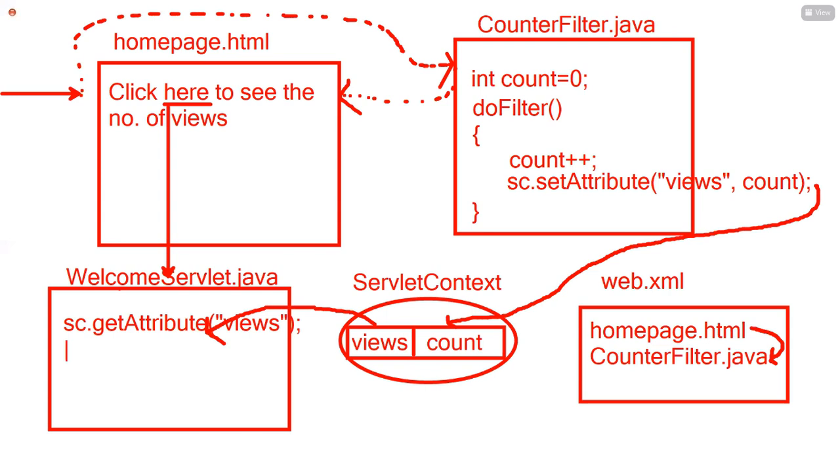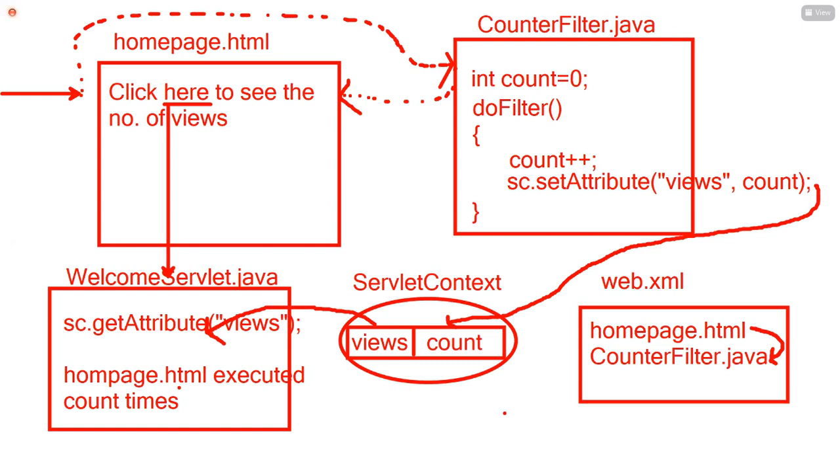Then display: homepage.html executed count times. If 5 times, then 5; if 10 times, then 10.